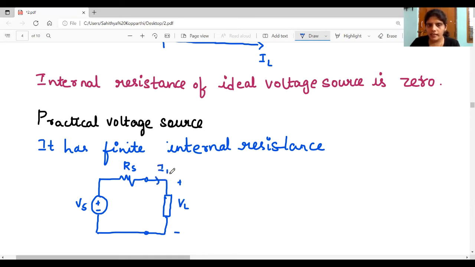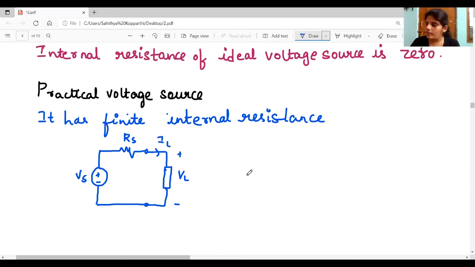Now apply Kirchhoff's voltage law here. What do you get? Applying Kirchhoff's voltage law, we get minus Vs plus IL into Rs.